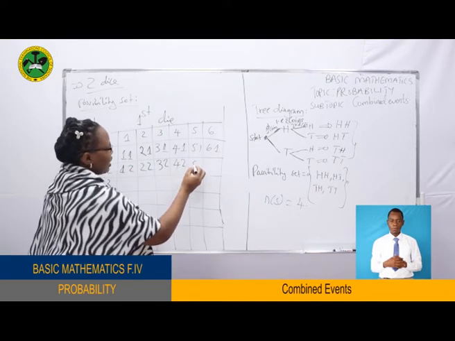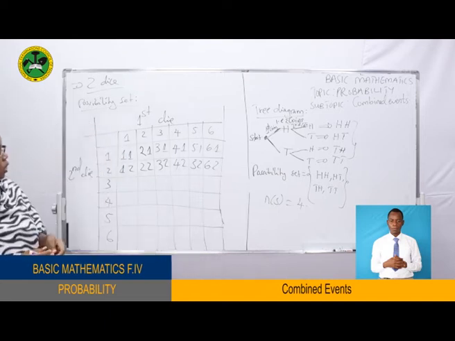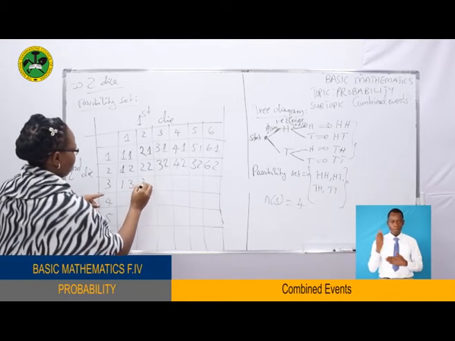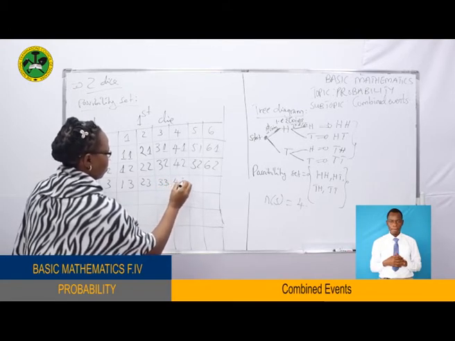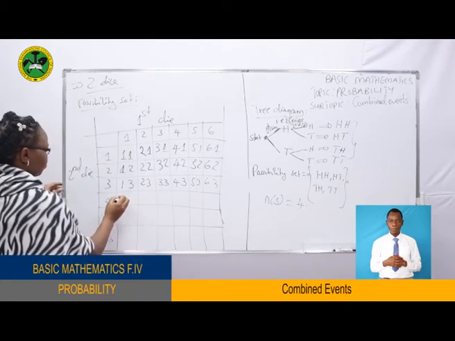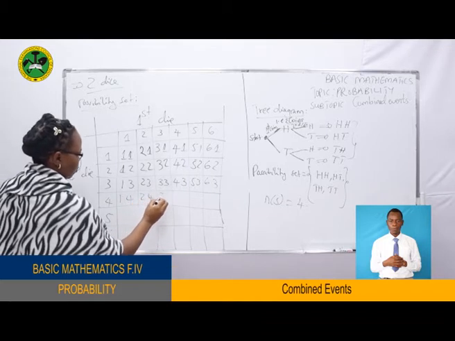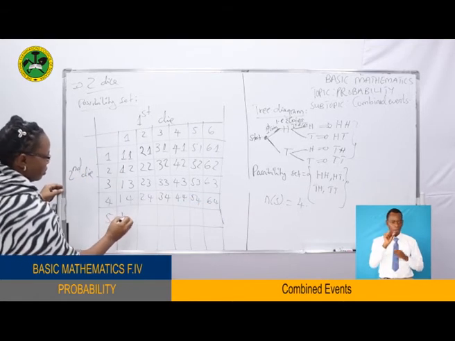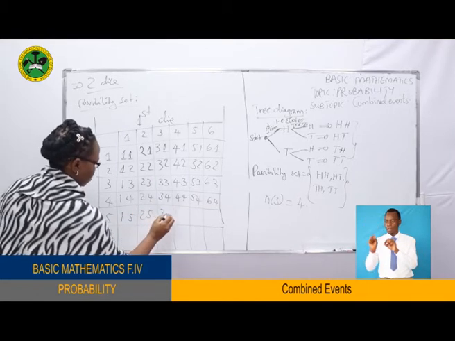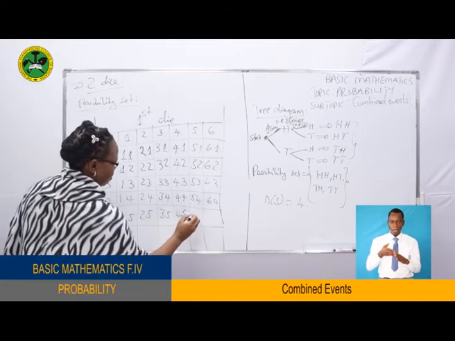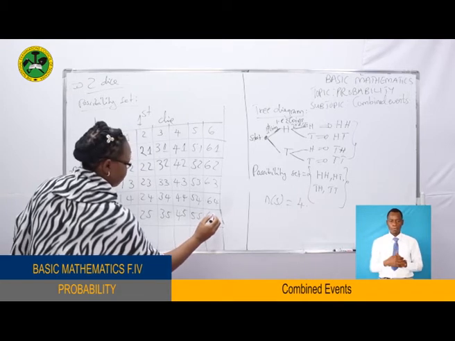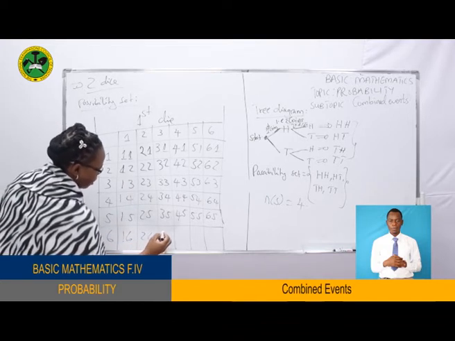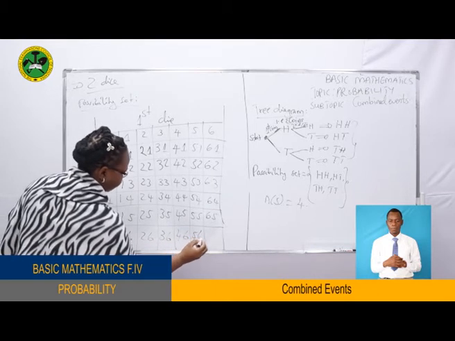When the first one shows 5, the second still shows 2, and 6, this still shows 2. It continues this way up to the last number, and the last one may show 1, 6, 2, 6, 3, 6, 4, 6, 5, 6, and 6, 6.